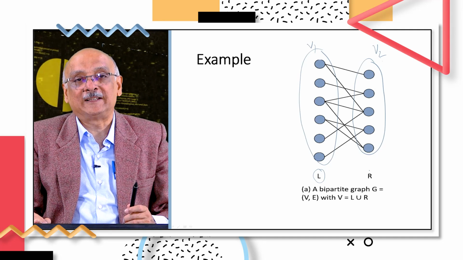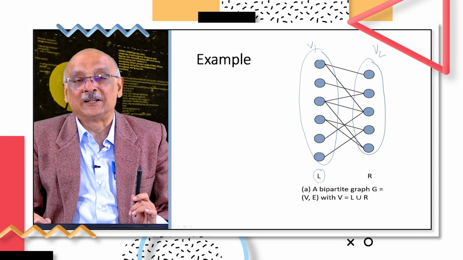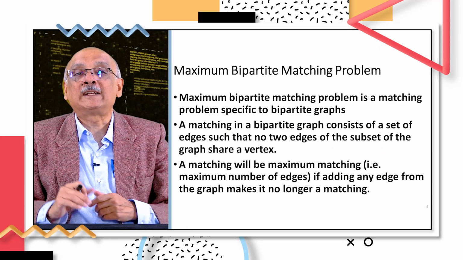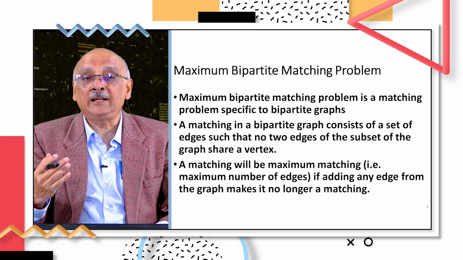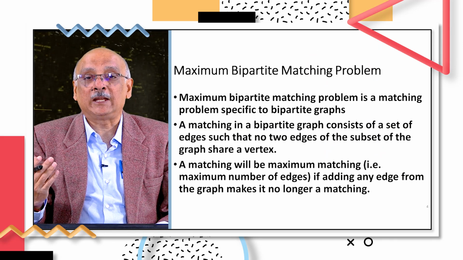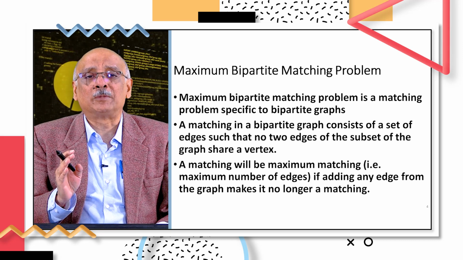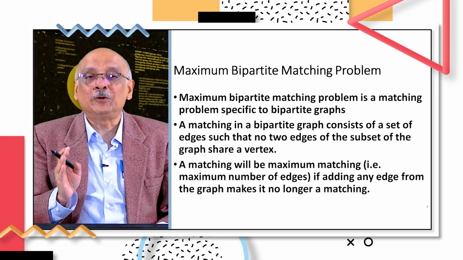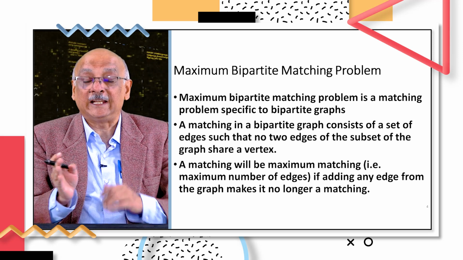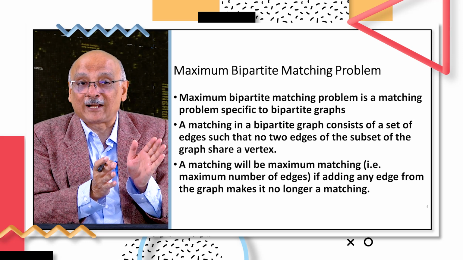With this definition, let's move on to what the maximum bipartite matching problem is. Now, the maximum bipartite matching problem is a matching problem specific to bipartite graphs only, the graph which we discussed right now.